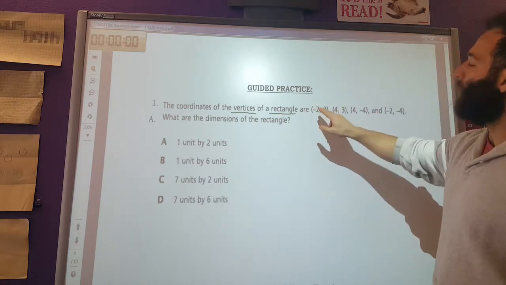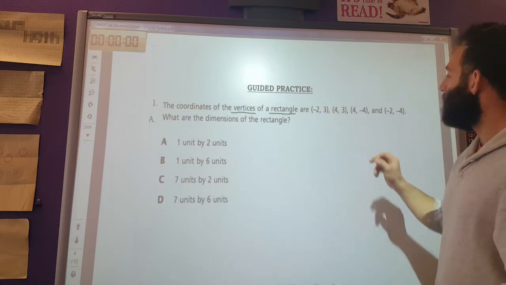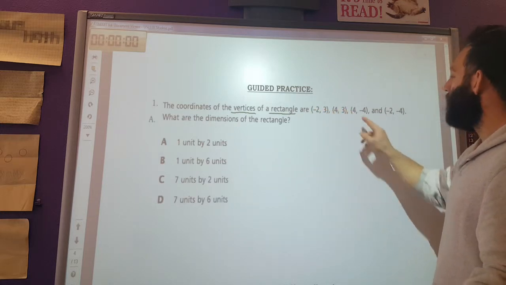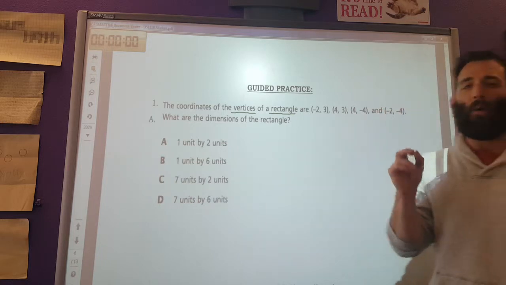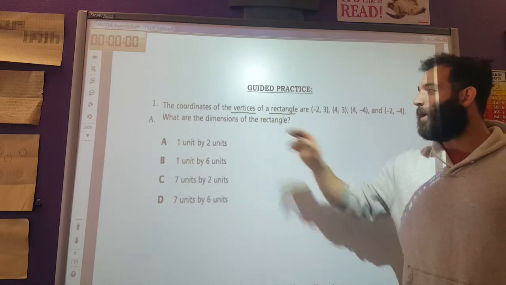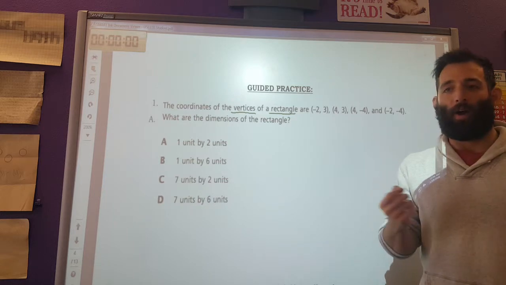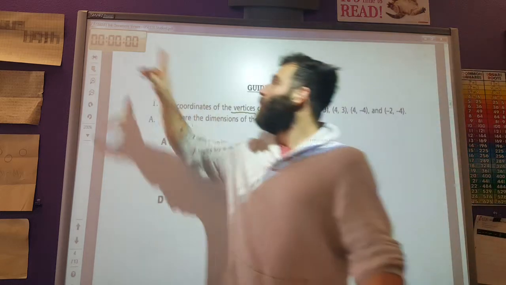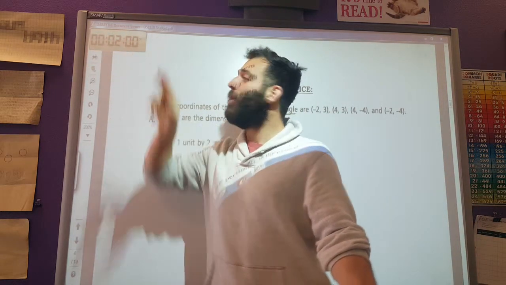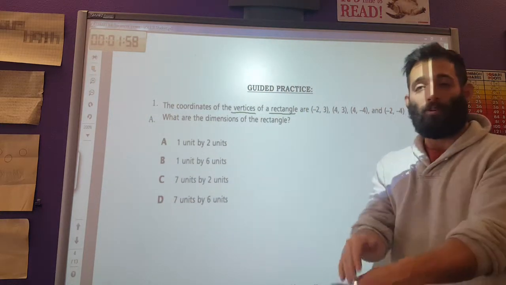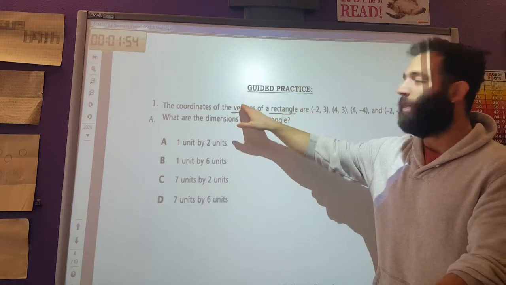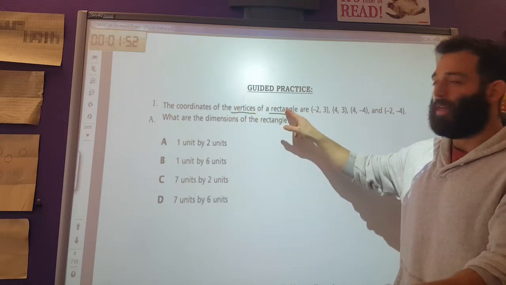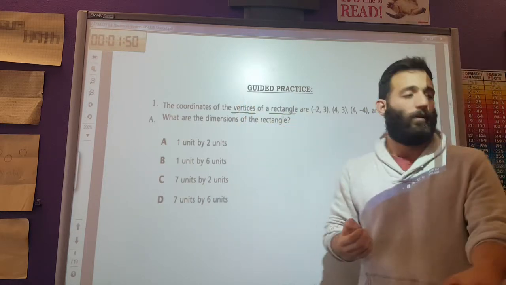So the vertices are (-2, 3), (4, 3), (4, -4), and (-2, -4). Now, I would like you to figure out the dimensions of the rectangle. I'll give you 2 minutes to do that on your own. Do your best. If you get stuck, think about what this means and what this means. Go ahead.